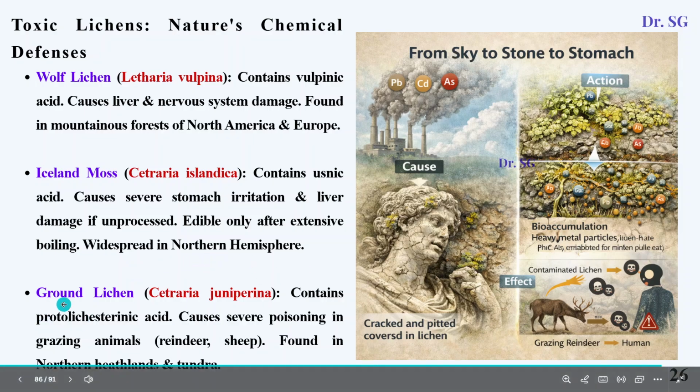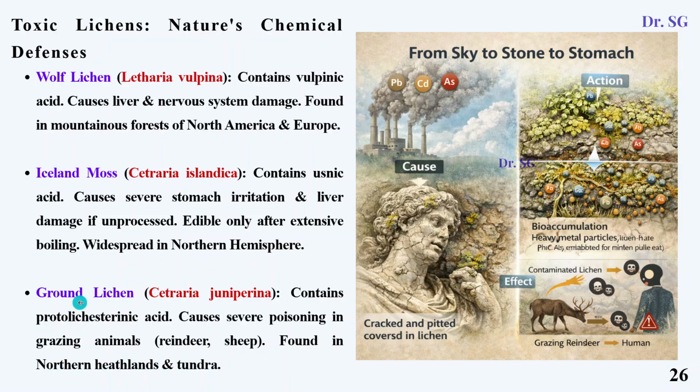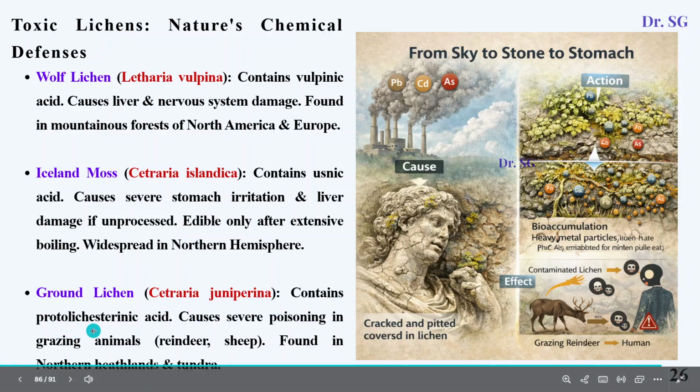And you also have another lichen referred to as ground lichen, Cetraria juniperina, which contains protolichesterinic acid, which causes severe poisoning in grazing animals like reindeer, sheep, or whichever is eating it. It is also present in the northern islands and tundra.